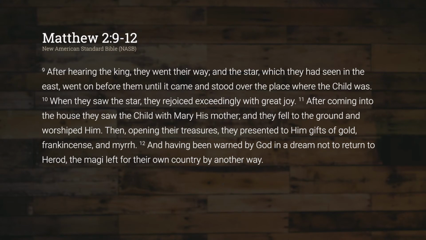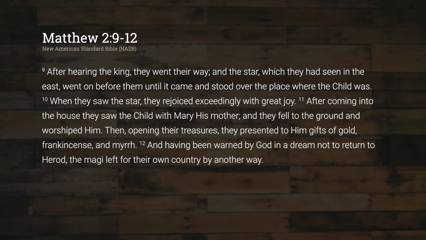But the star brought them here. The star brought them to Jerusalem for this conversation, that God had orchestrated this. And now they head out, seeing the star they'd seen in the east go before them until it came and stood over the place where the child was. And it says in verse 10, when they saw the star, they rejoiced exceedingly with great joy.